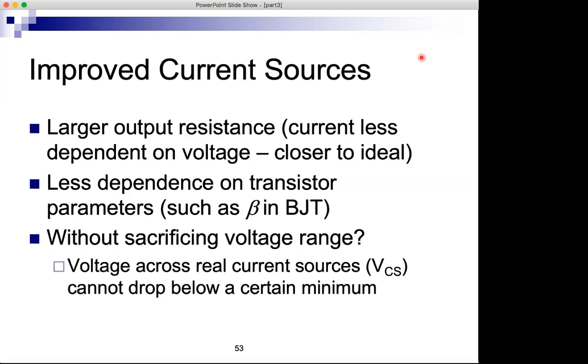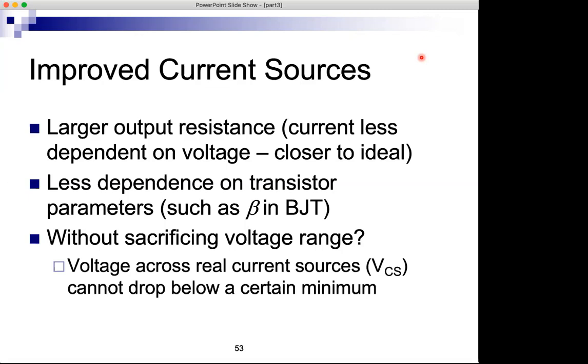So can we make the output current less dependent on beta? And all of that without sacrificing the voltage range. The minimum voltage that I need to maintain across the current source, in the case of the MOSFET simple current source, was something like VOV, 0.2, 0.3 volt.